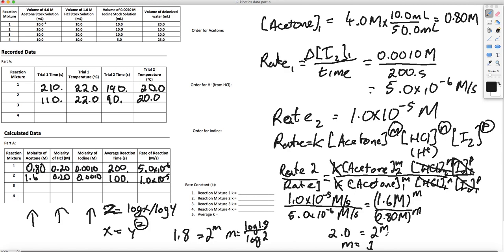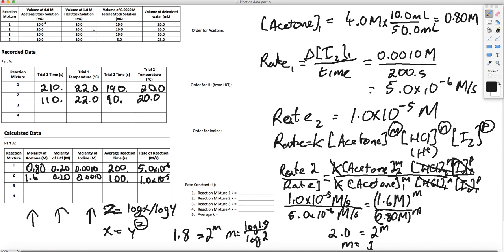Now we're going to do something similar with the HCl and the I2. I think you can handle that now. If you look closely at the data here for the HCl, you can see that we have 10, 10, 10, and 10 on the top one, and then on the third one we've got 10, 20, and 10. So the difference there is in the HCl.